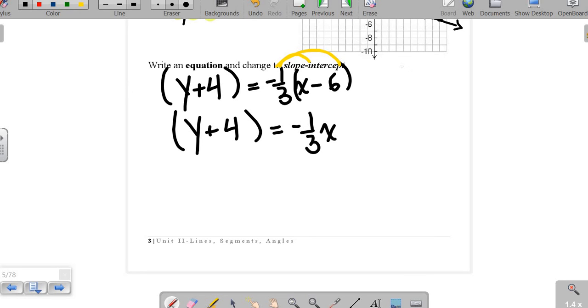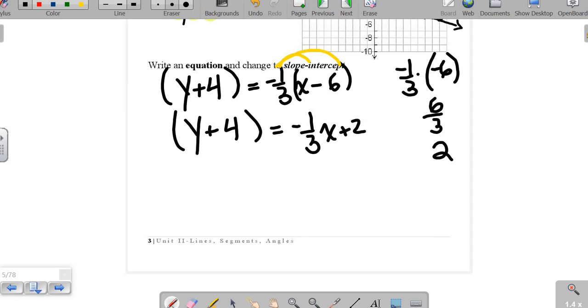You can see this in the margin, -1/3 times -6, a negative times a negative is positive, 6/3, which is +2.